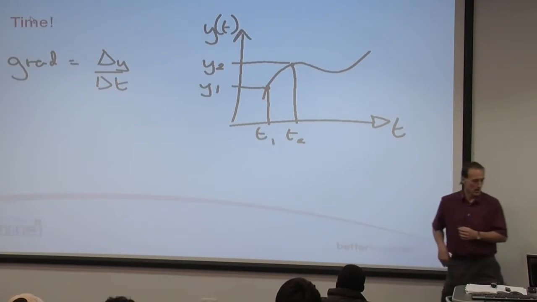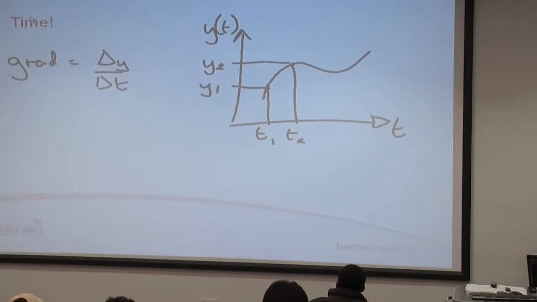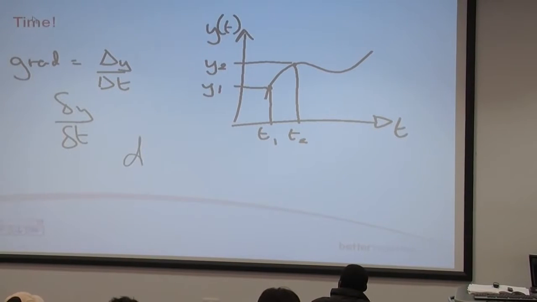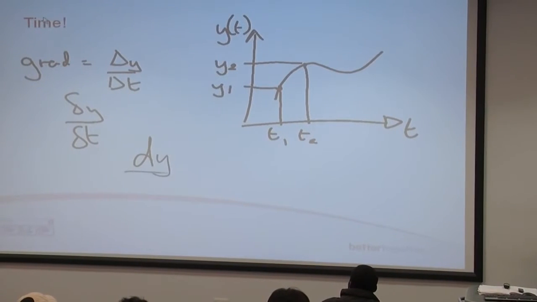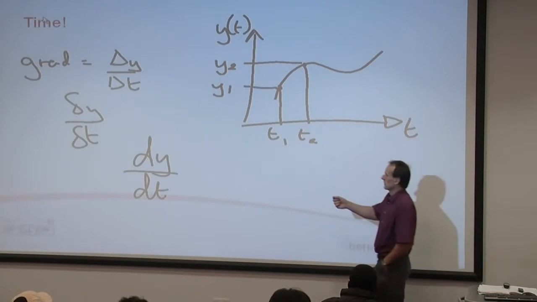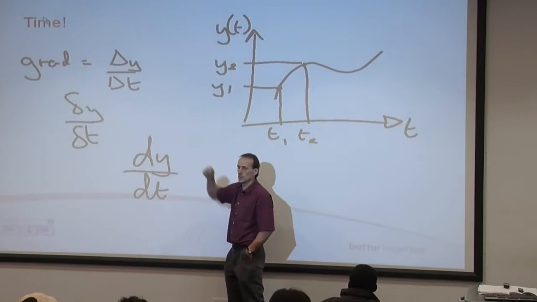Probably a few years ago now when you were first introduced to that, but typically that's how it's done. What turns that from being delta y by delta t into a differential, dy by dt? What makes it a differential rather than delta y over delta t?